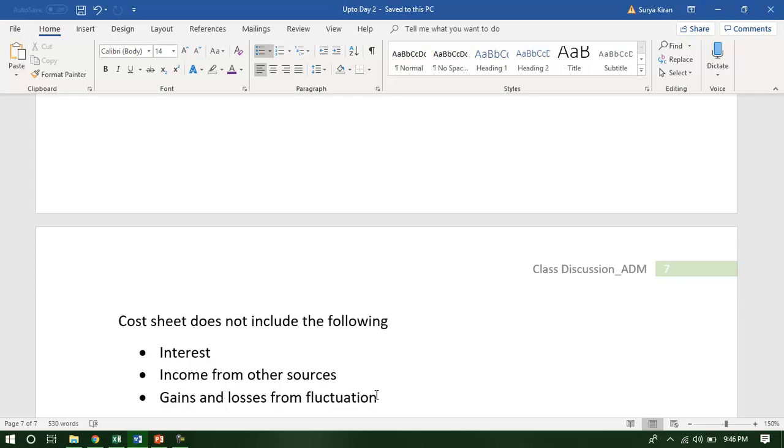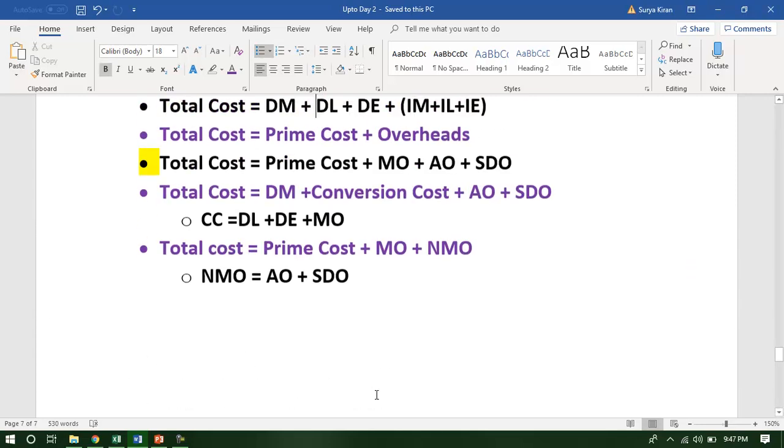These are called financial expenses. These are non-operating incomes. These are non-cash incomes and expenses. So therefore, the financing charges and non-operating incomes and expenses are normally not included in the cost.